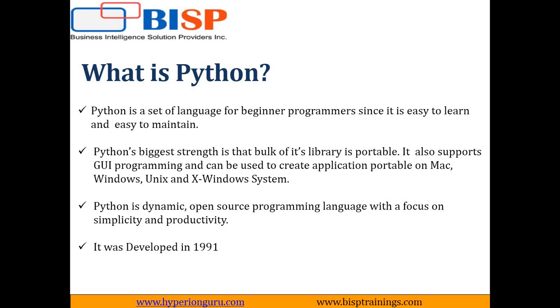We have all the OOPS concepts which we used to have in Java; the same OOPS concepts we can implement in Python as well. It's a high-level built-in data structure programming language combined with semantic types and dynamic binding, which makes Python very attractive for rapid application development.